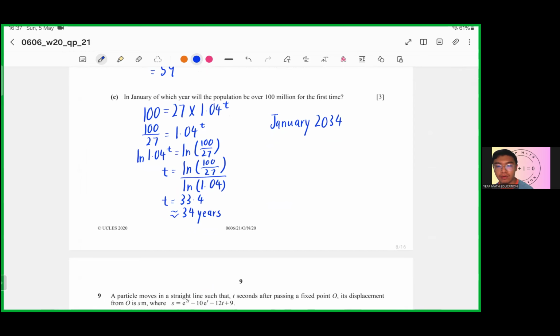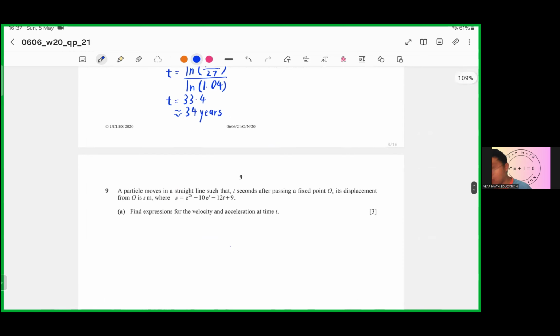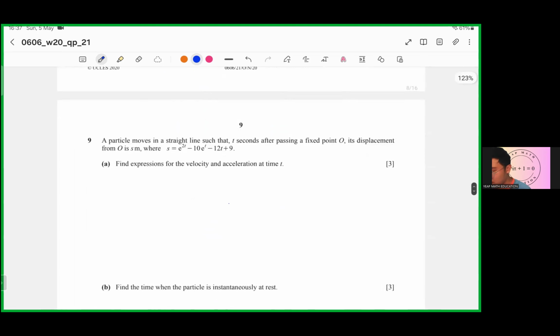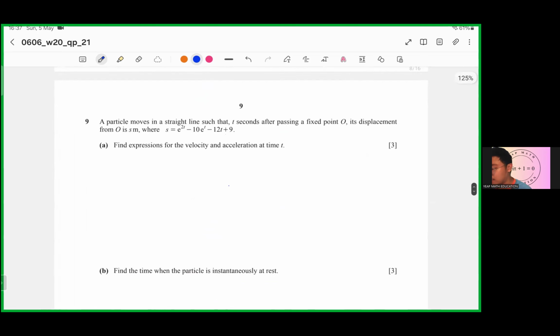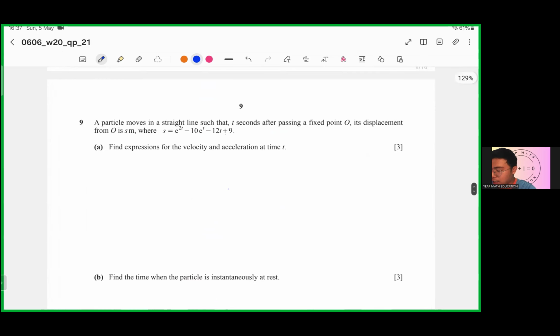Now we look at the next question. Question 9. A particle moves in a straight line such that t seconds after passing a fixed point O its displacement from O is S, where S equals e^(2t) minus 10e^t minus 12t plus 9. Part A, find the expression for the velocity and acceleration. Velocity is the first derivative and acceleration is the second derivative.